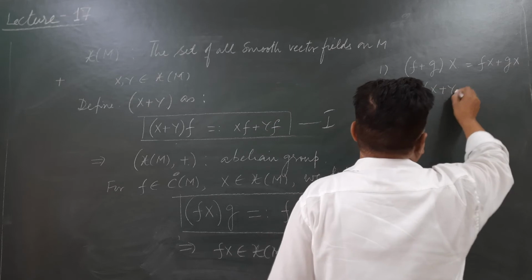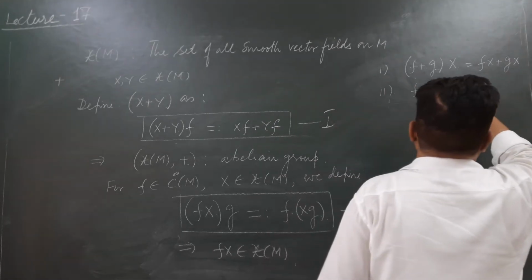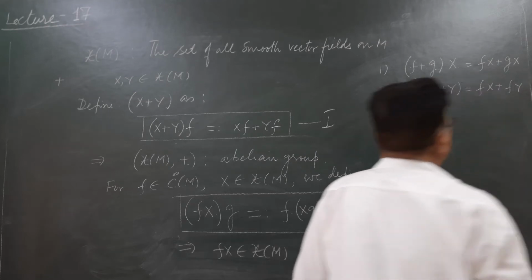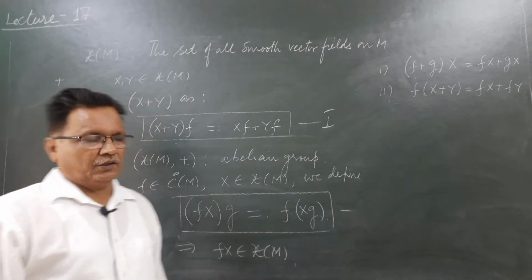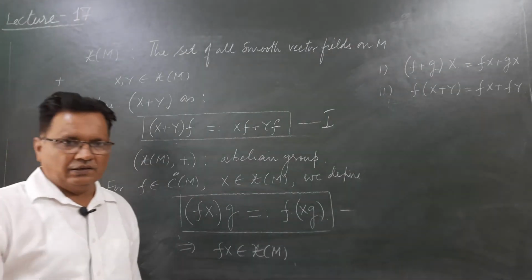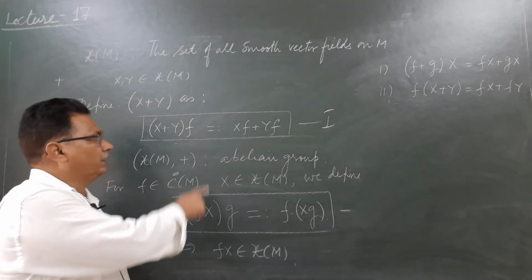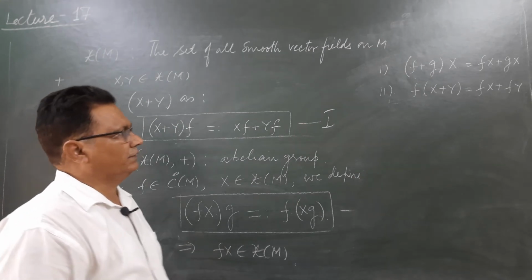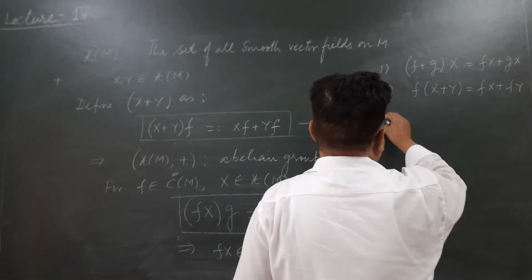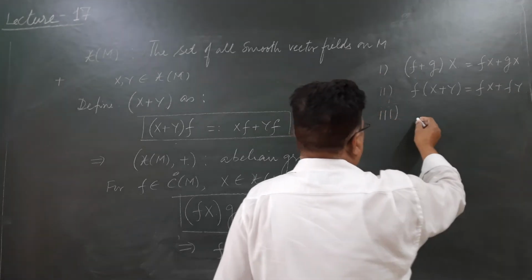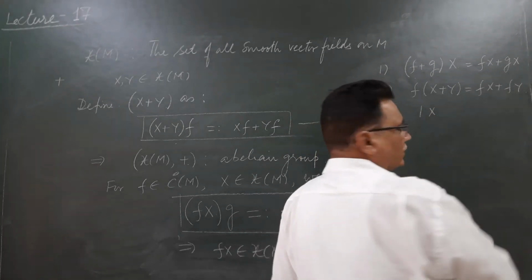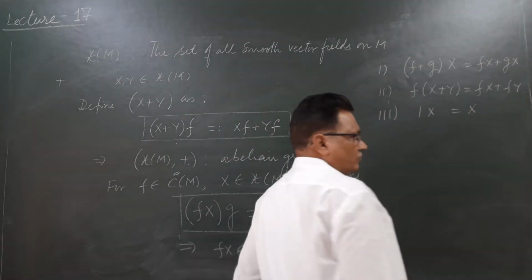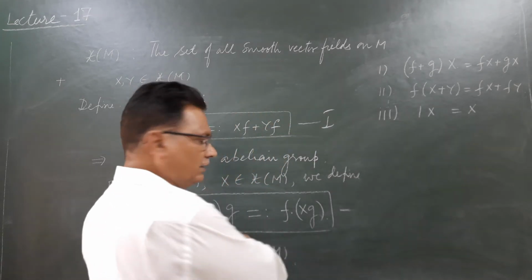Suppose I have sum of two vector fields and I am multiplying from the left, it is f x plus f y. ये भी चेक करने की बात है। दोनों की डेफिनेशन हमारे पास है, स्केलर मल्टीप्लिकेशन की भी और एडिशन भी, वो दोनों अप्लाई करके आप डिस्ट्रीब्यूटिव प्रॉपर्टी चेक कर सकते हैं। And number 3, 1 into x, this one is a constant function 1, that is simply x, straightforward from here.